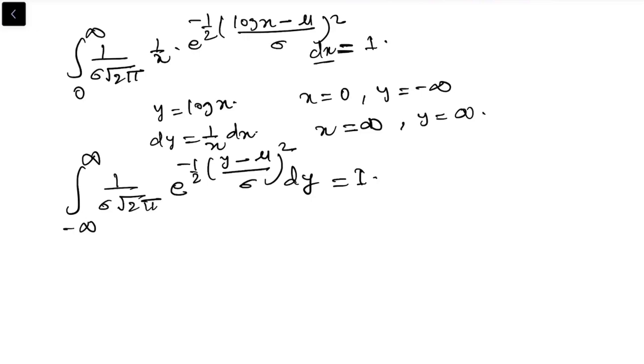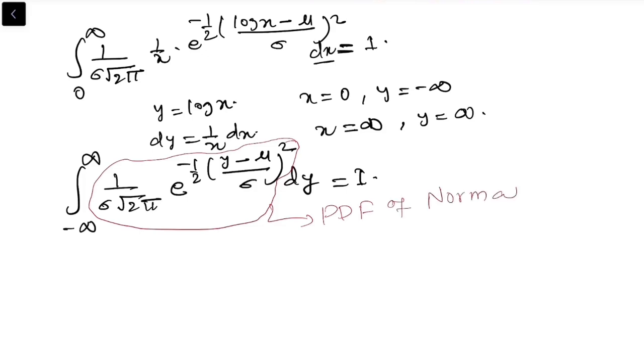So you can see this whole term is basically the PDF of normal distribution, right? So this is how we can convert log normal into normal, and this is the substitution, y equals to log x.